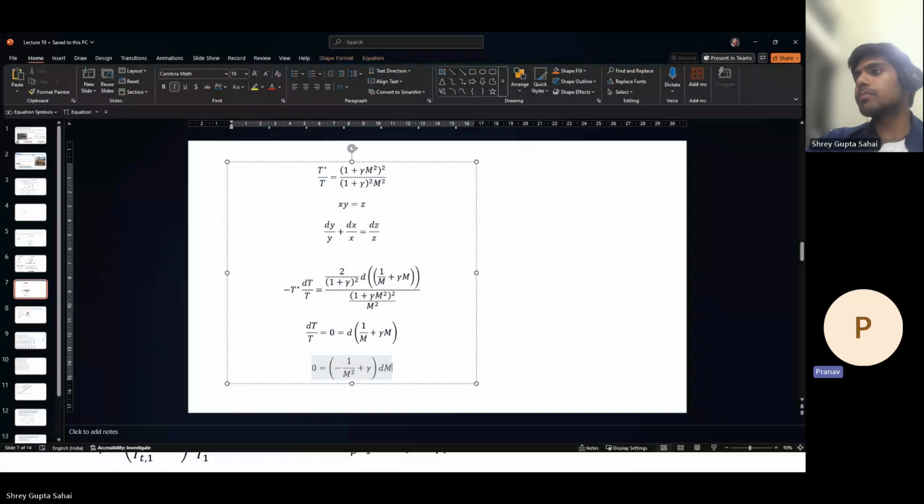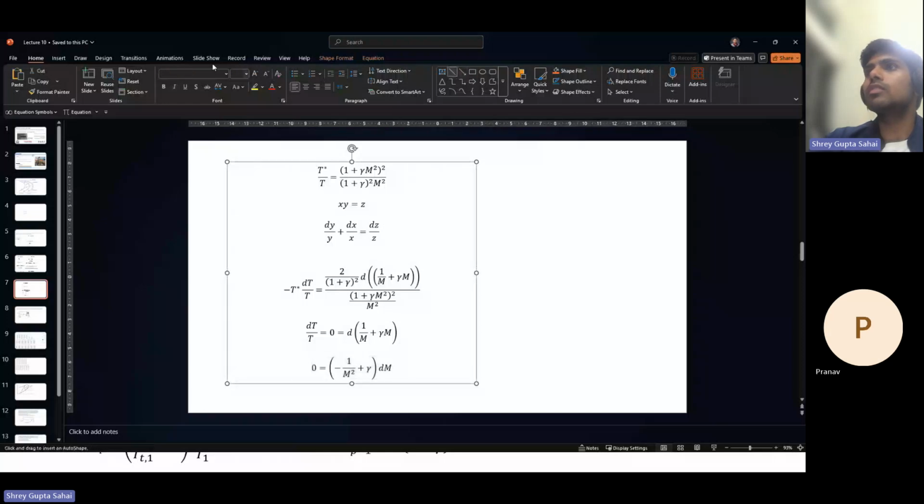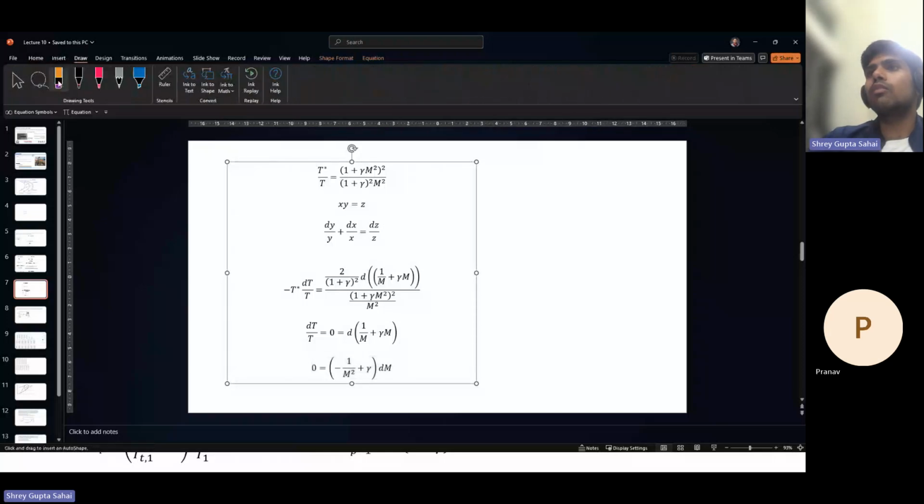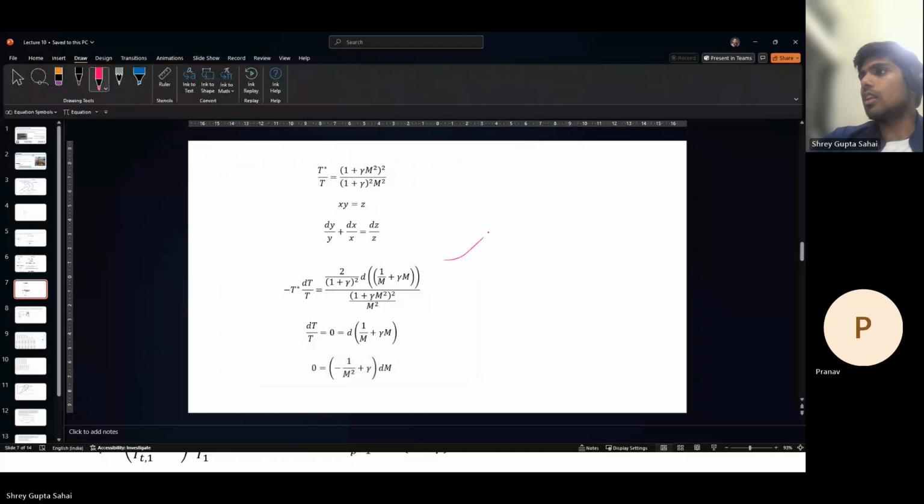Right now, what do we know? If we know the Fano flow curve, the maximum temperature occurs in the subsonic regime, and it will not occur at the point of sonic condition. It will be a little lower.